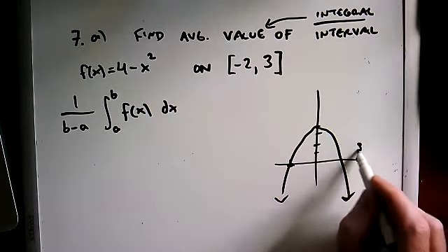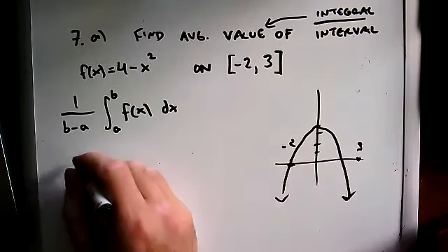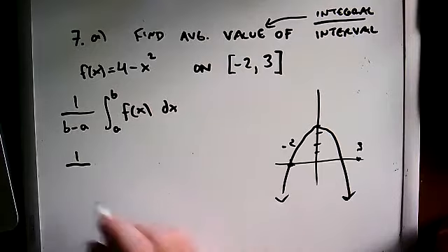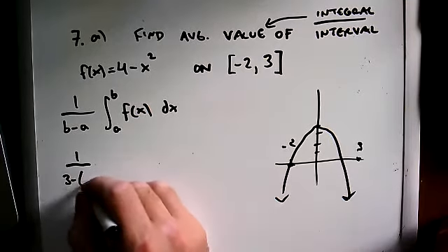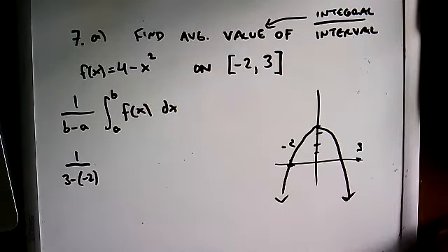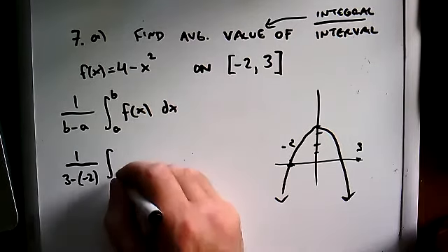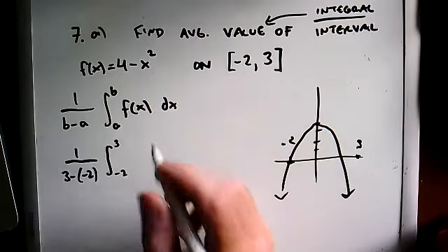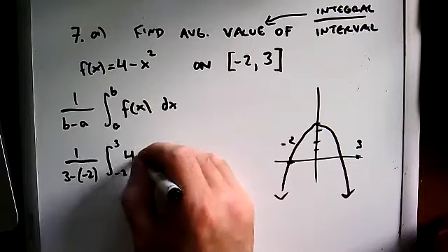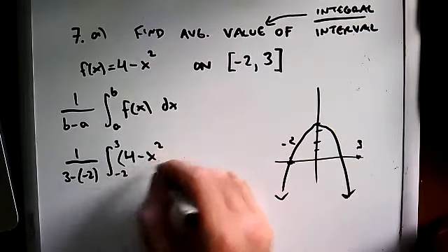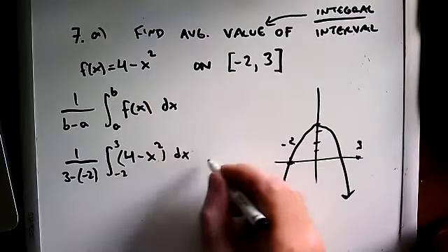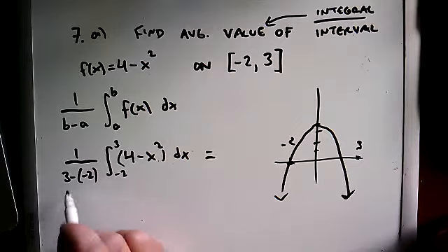Here's our upper endpoint 3, lower endpoint -2. And so we have 1 over 3 minus -2, the width of the interval, times our definite integral from -2 to 3 of our function 4 minus x squared dx. Okay, so that's 1/5.